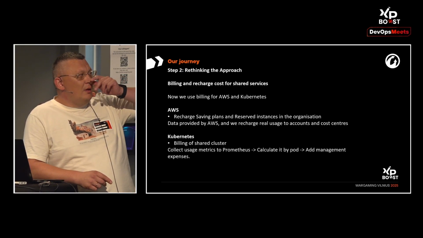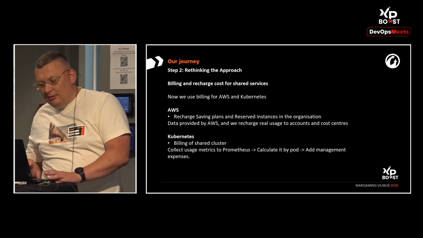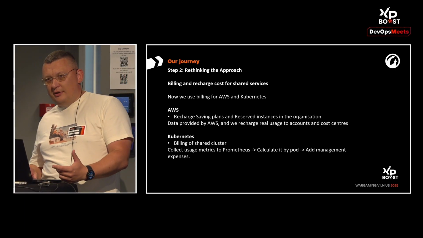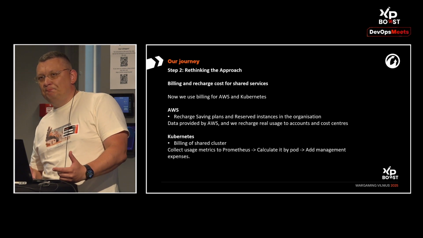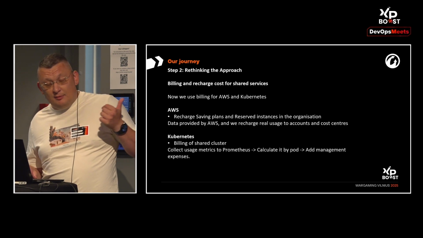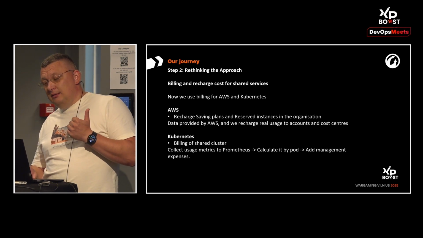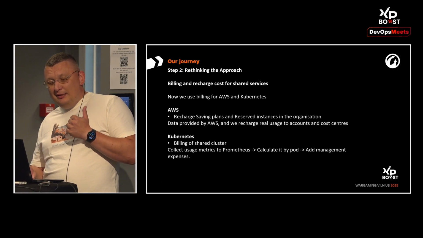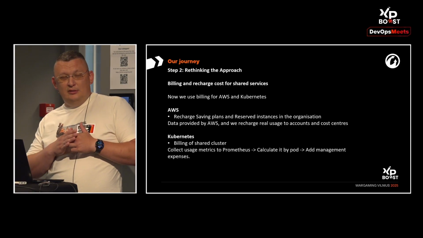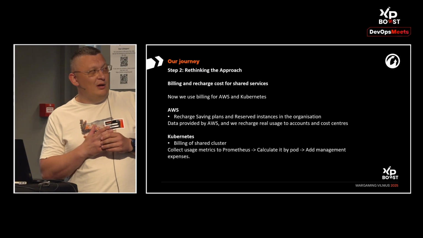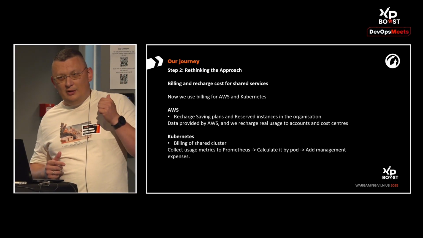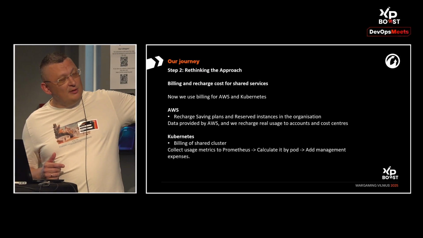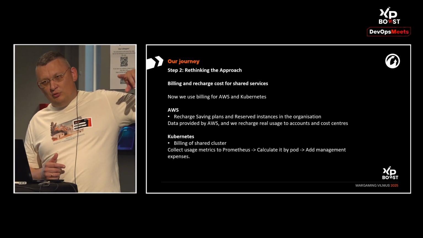AWS recommends using a separate account in your organization for buying savings plans, and it is a problem because when you use Cost Explorer, this account will not share the cost of the savings plan with all the accounts that use it.